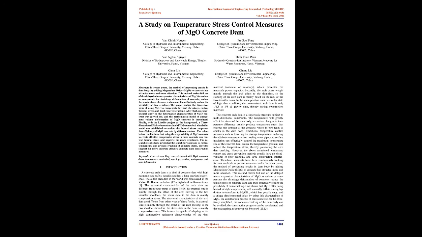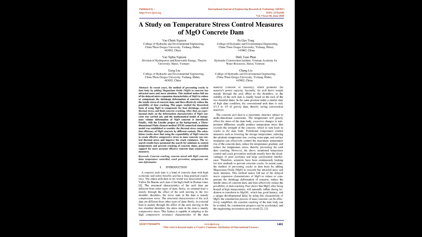Traditional temperature control measures such as lowering the placement temperature, reducing the adiabatic temperature rise, cooling water pipes, and surface insulation can effectively control the maximum temperature rise of the concrete dam, reduce the temperature gradient, and reduce the temperature stress, thereby preventing the arch dam from cracking. However, the above-mentioned temperature control and crack prevention methods usually have the disadvantages of poor economy and large construction interference. Therefore, scientists have been continuously looking for new methods to prevent concrete cracks.